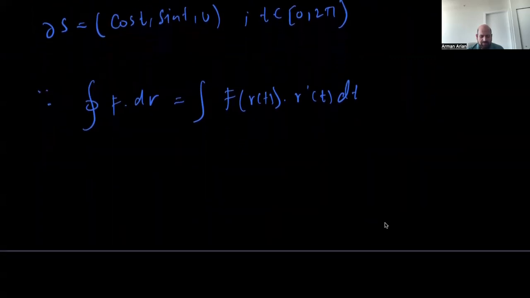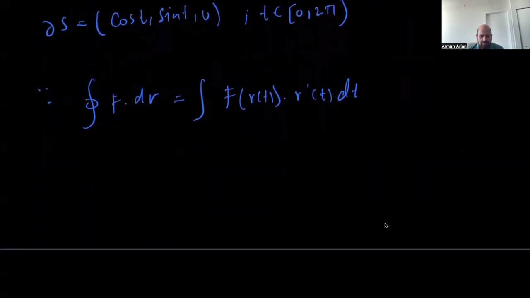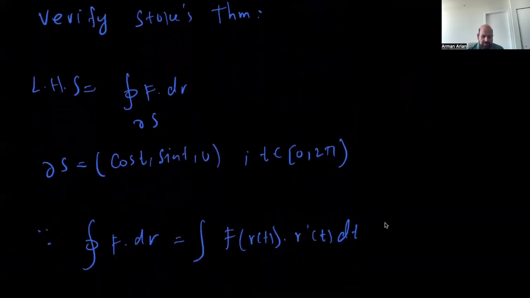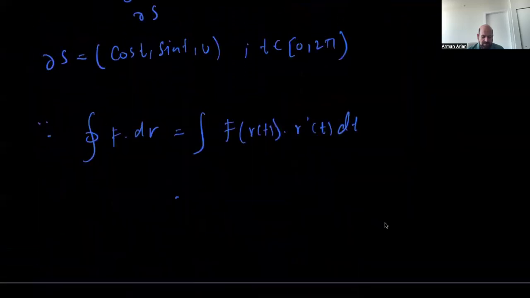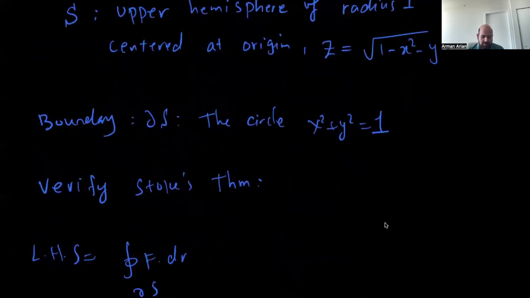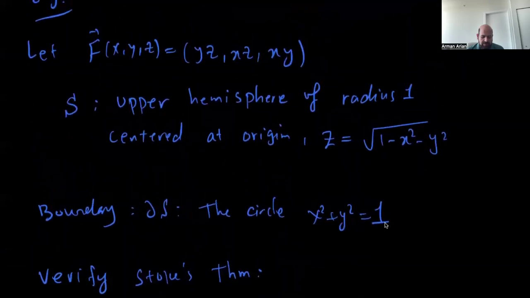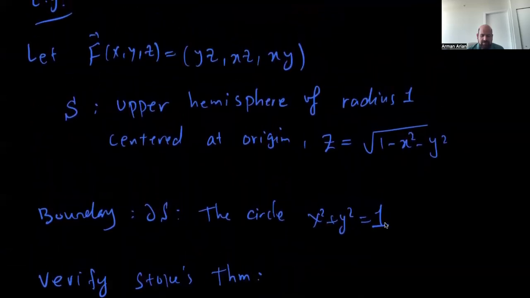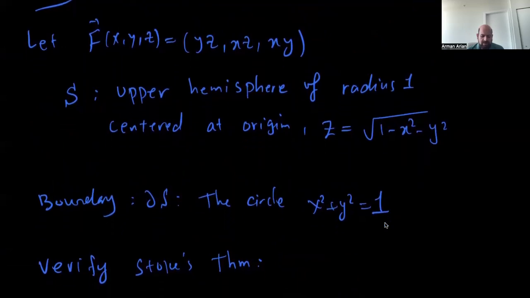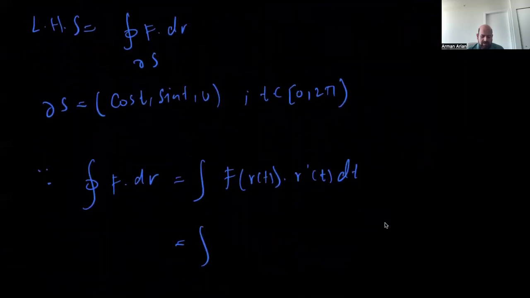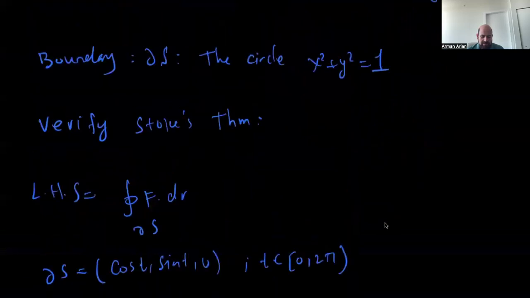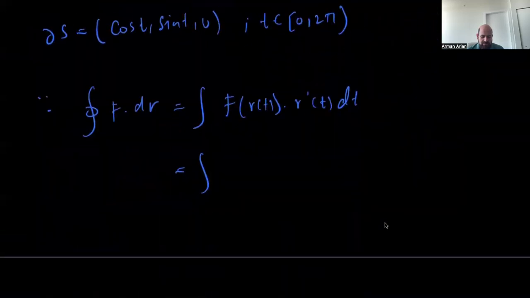Now, F of r of t, what would it be? Let's remind ourselves what F was. The first coordinate is yz, and z is 0 in our curve.